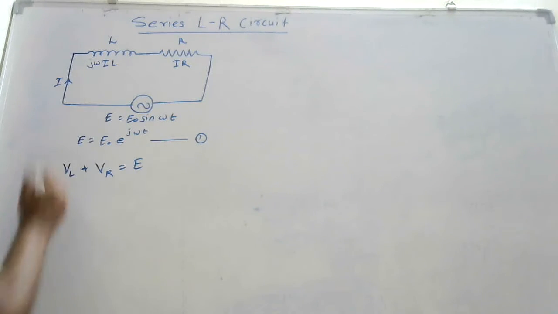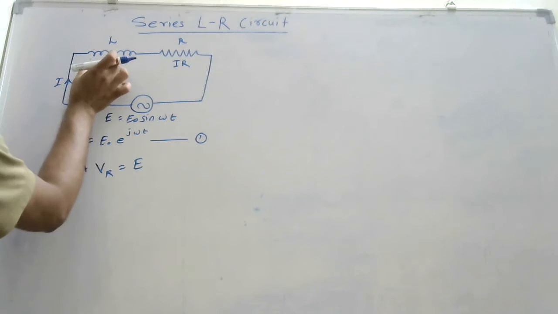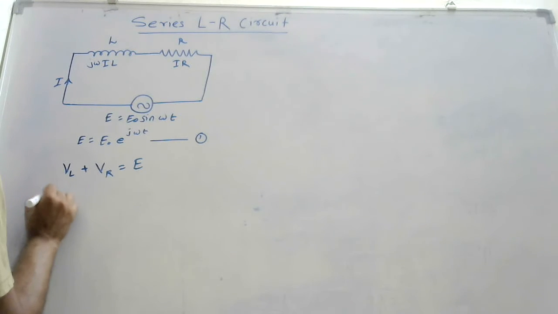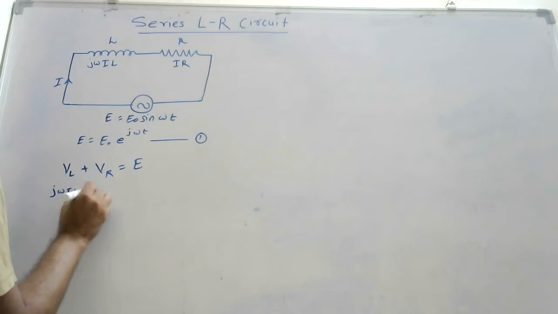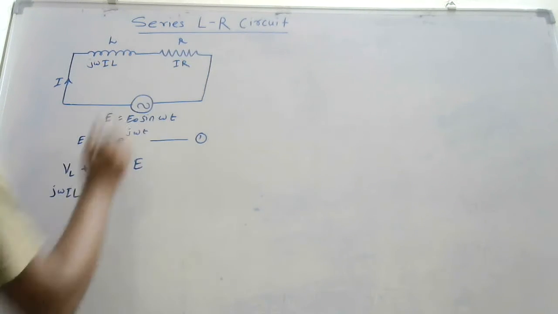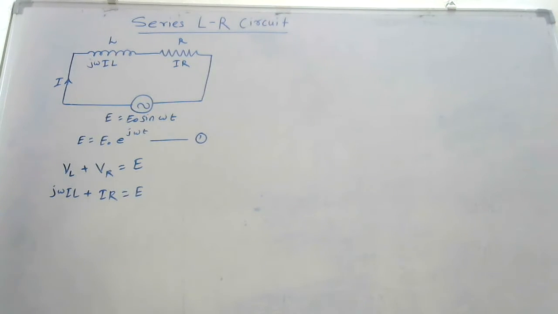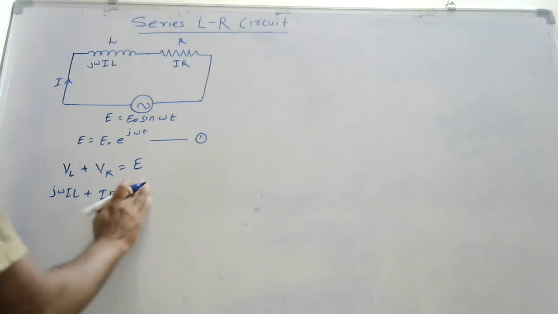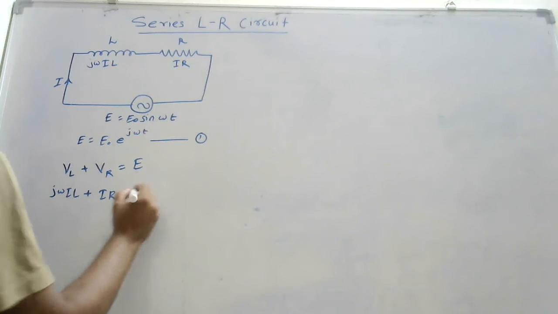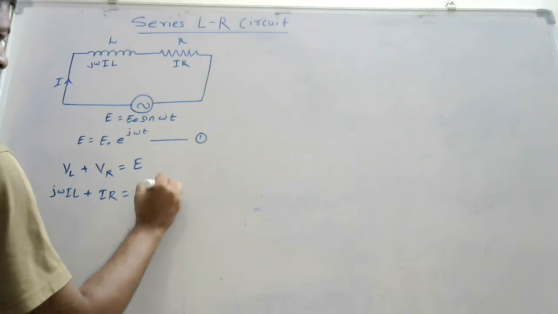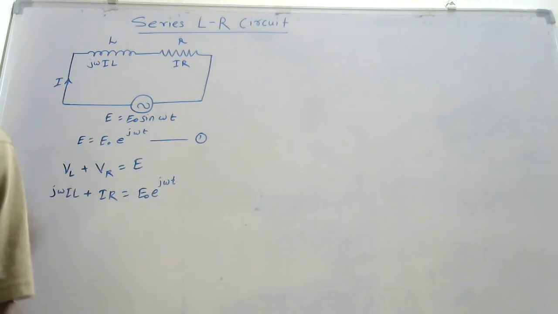Now put these values: j omega I L plus I into R equals E. Now put the value of E from equation 1, E naught e to the power j omega t.